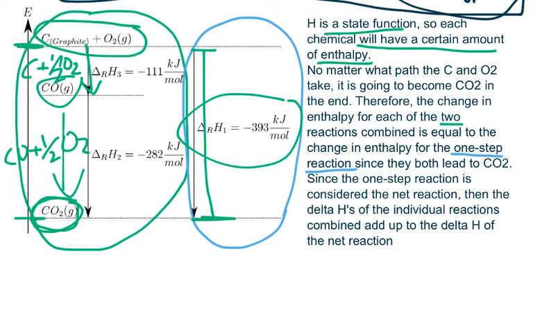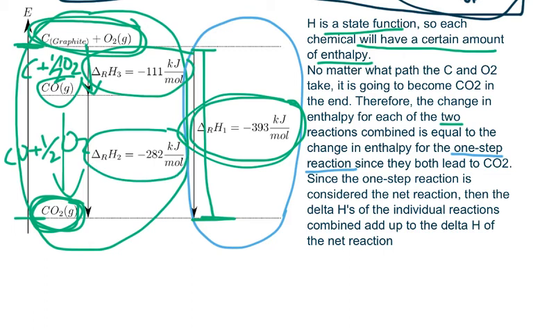So the big picture is, no matter what path the carbon and the oxygen gas take to become CO2, the path they take will have altogether the same change in enthalpy, and if they take multiple paths to get to CO2, then those individual paths have a certain amount of delta H, and those delta H's combined together will equal the full path that they take if they decided to go straight from C and O2 to CO2.